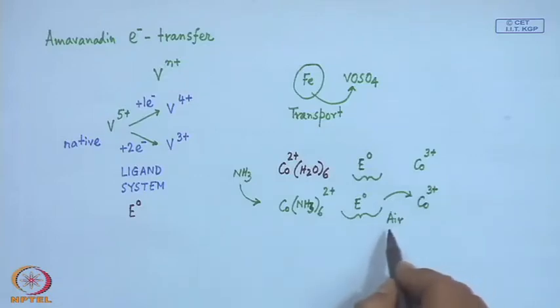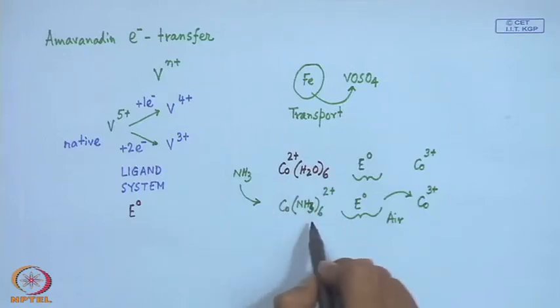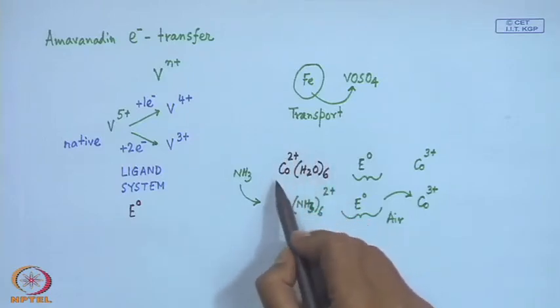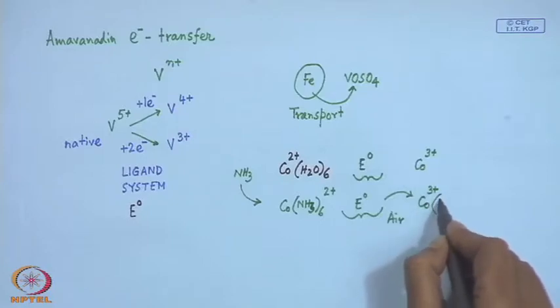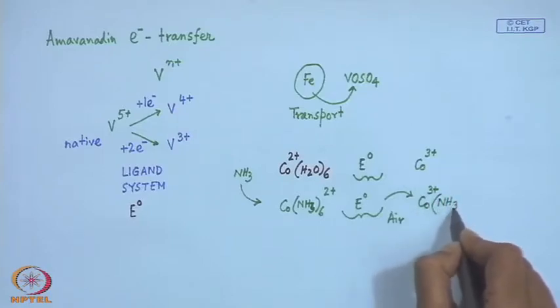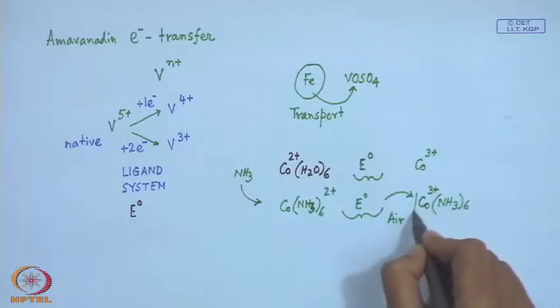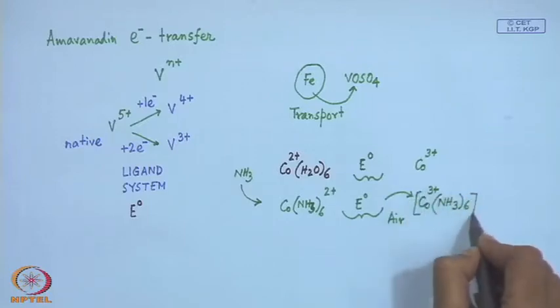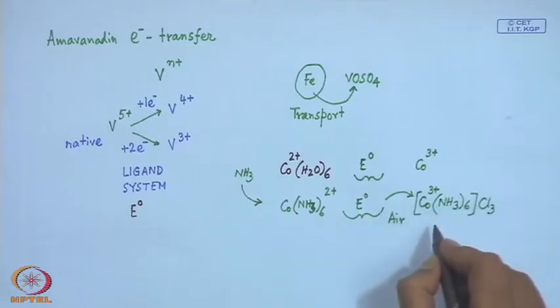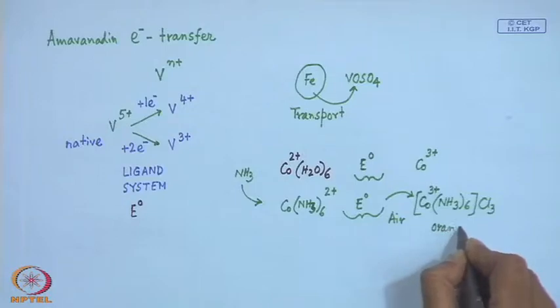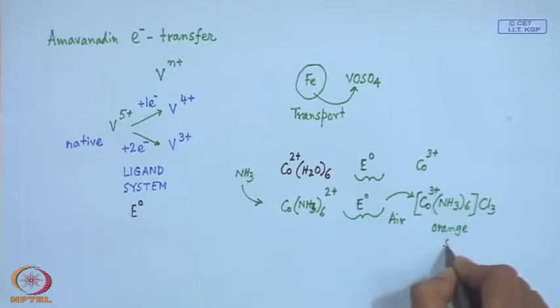So, the dioxygen molecule present in air can oxidize this particular species, which is not possible to oxidize in the aqua form, to give us the corresponding hexaammine cobalt 3 compound, which can be isolated as the corresponding chloride salt as a beautiful orange solid.